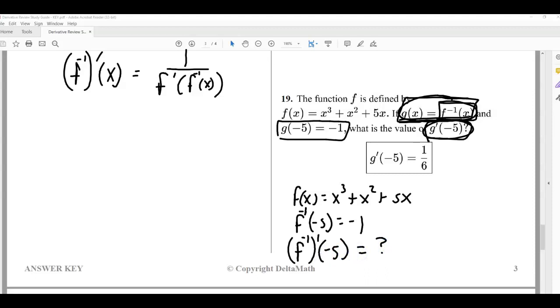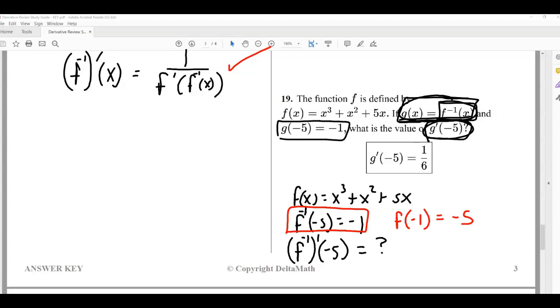Okay, so I'm going to start by rewriting, and I'm going to get rid of the g and just rewrite it with some f's because that's what my formula uses. Next, we want to remember what an inverse is. If f inverse looks like that, then f will be the reverse. The -1 is in the parentheses, and the -5 is out here. Okay?